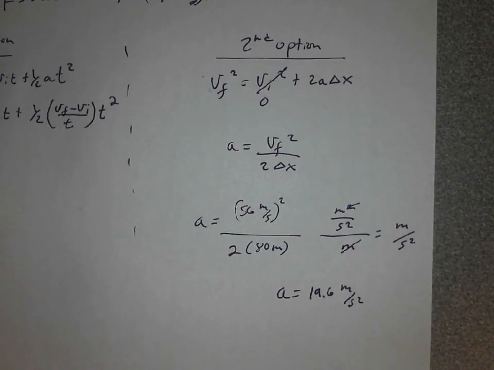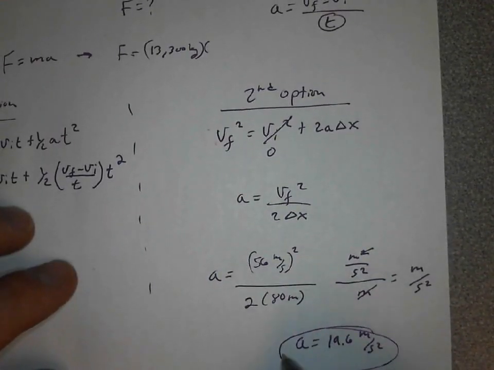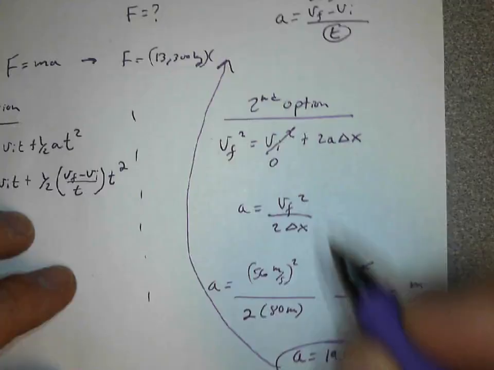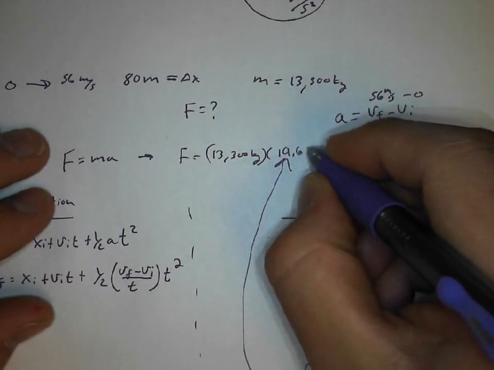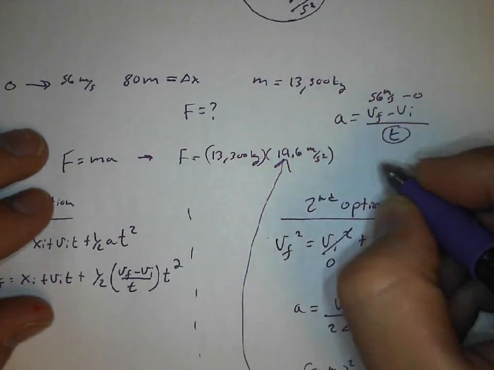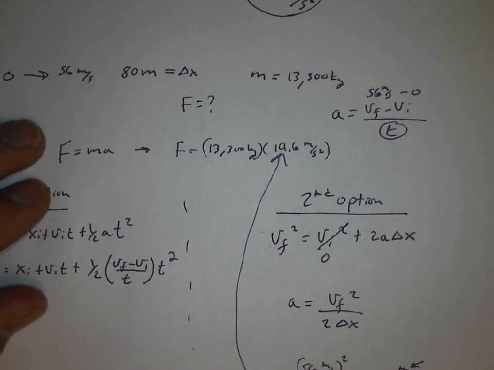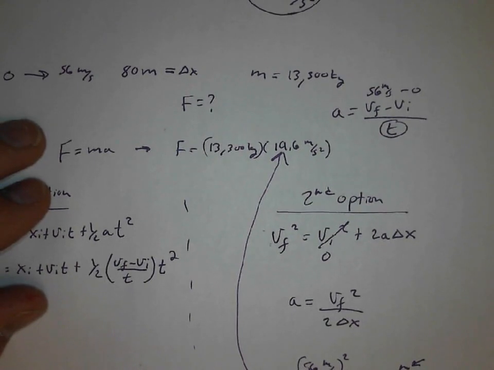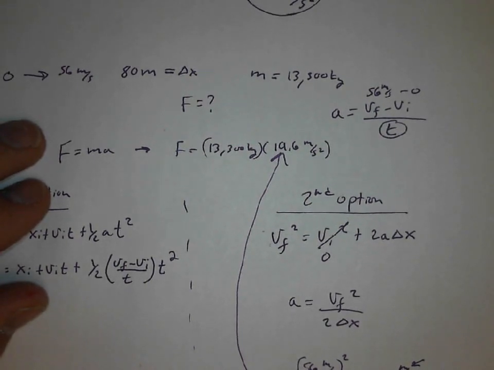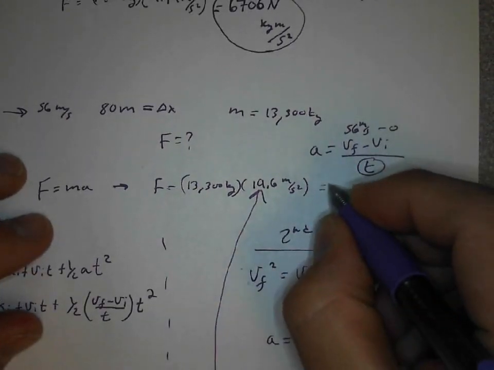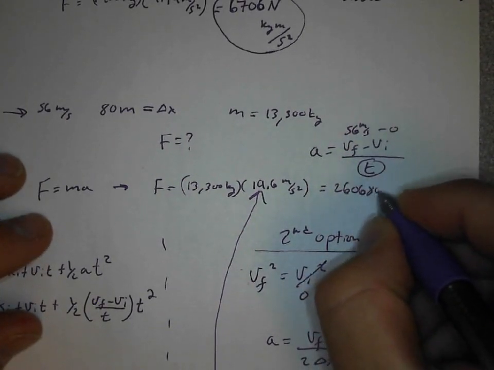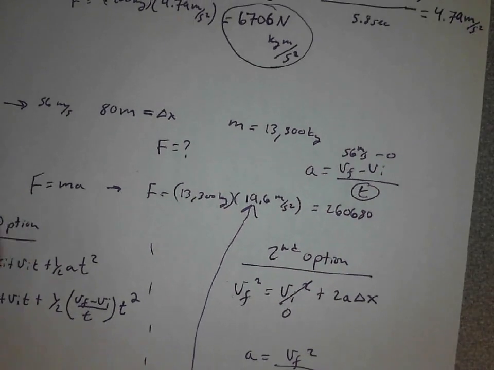Okay, now that right there, we're going to plug back in for our acceleration up top, 19.6 meters per second squared. Times that by the 13,300, and we get a value of 260,680 newtons.